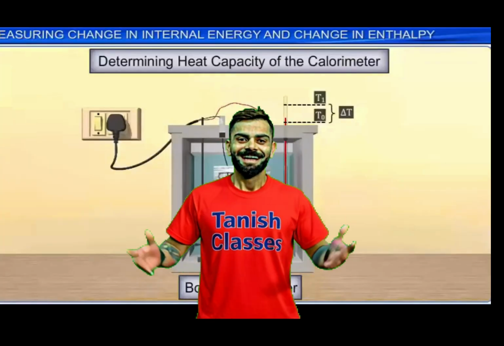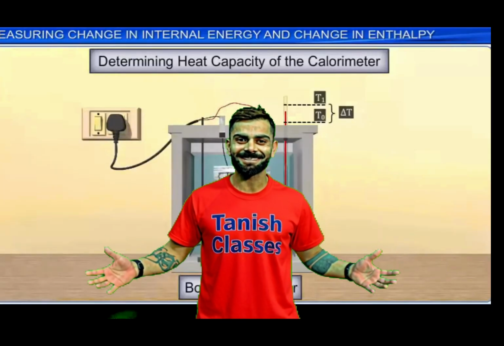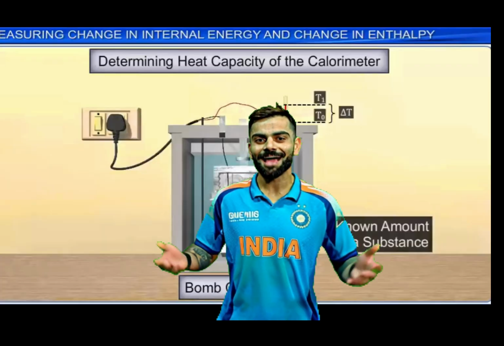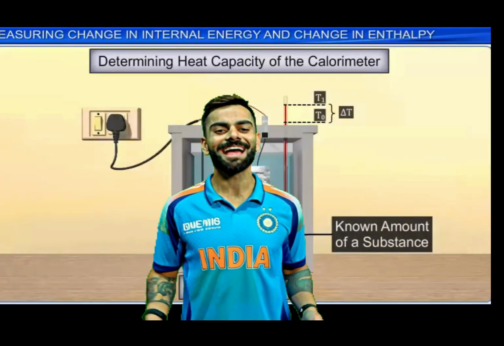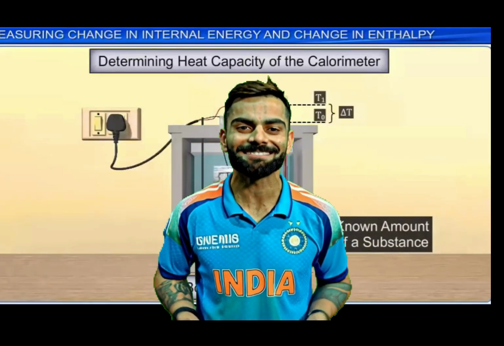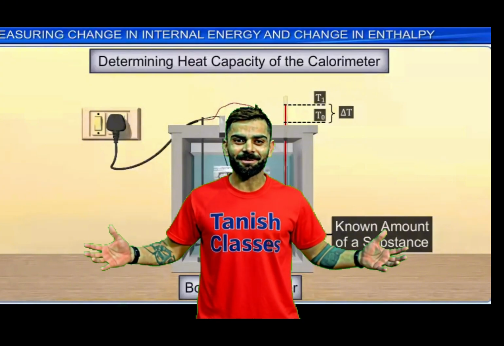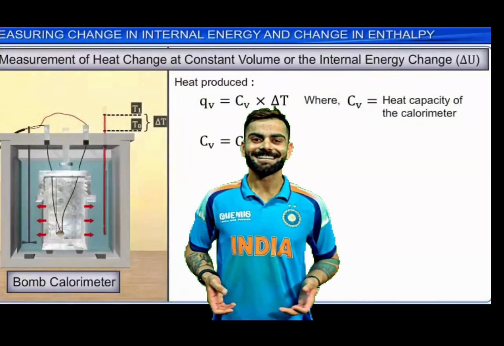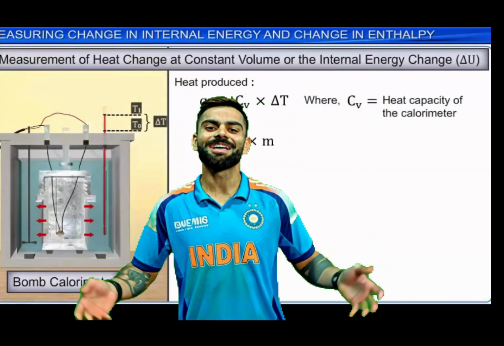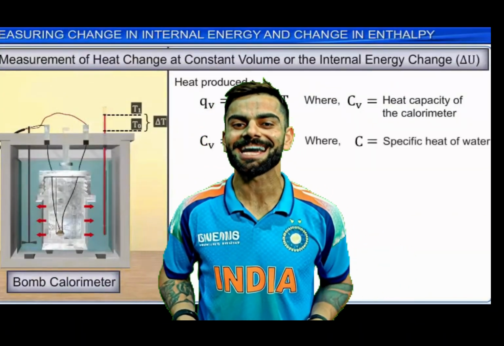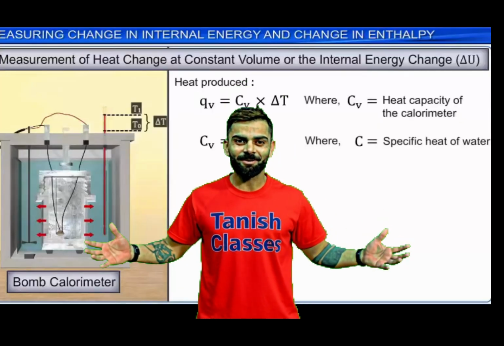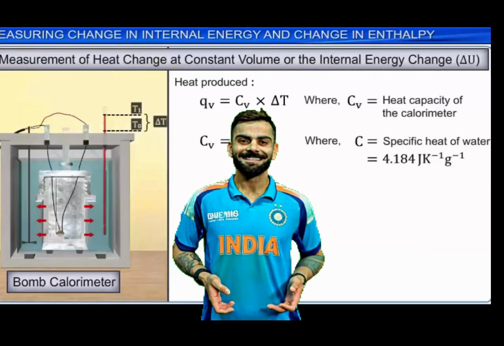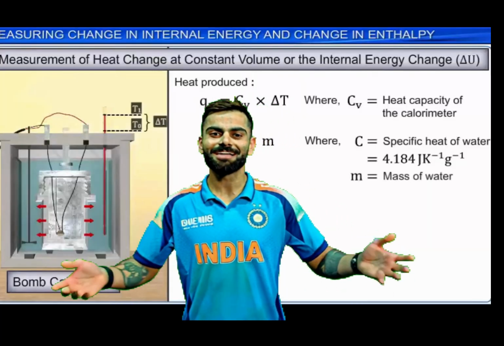Heat capacity of the calorimeter is determined separately by igniting a known amount of a substance, whose heat of combustion is already known, in the same calorimeter. And CV is equal to C multiplied by M, where C is the specific heat of water and is equal to 4.184 joules per Kelvin per gram, and M is the mass of water.